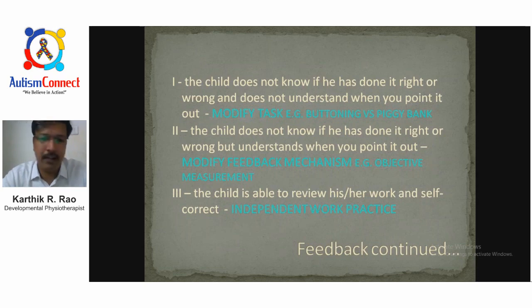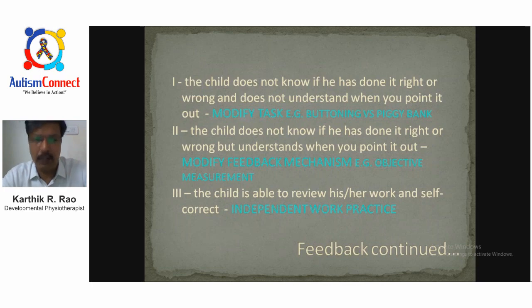Or in other words, say you want him to do an addition with a carryover. 18 plus 15 is 33, so you give him a sum of 18 and 15, and then instead of telling him that he's right or wrong, you write the answer on another piece of paper, keep it somewhere else, and tell him that once he has done it, he should check it. Once he's checked it, he looks for the answer on this bit of paper, which I've kept here, and sees if it is right.